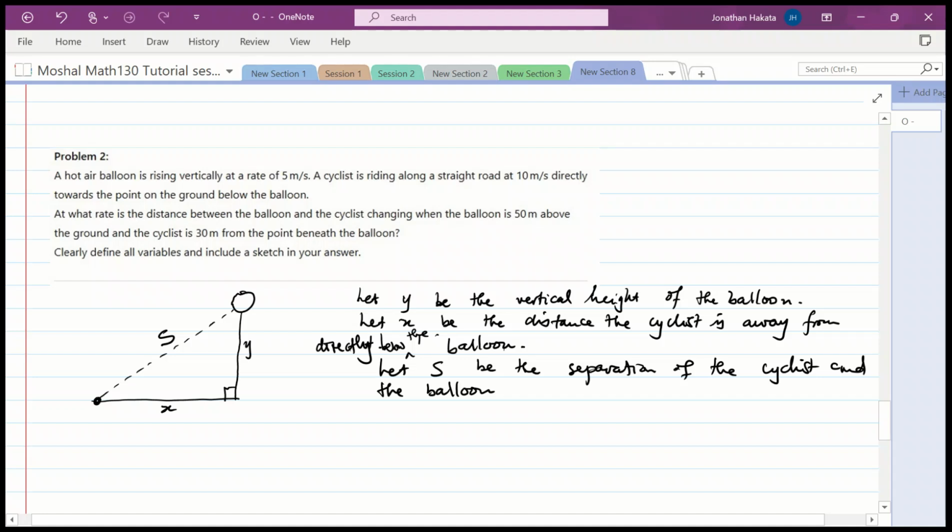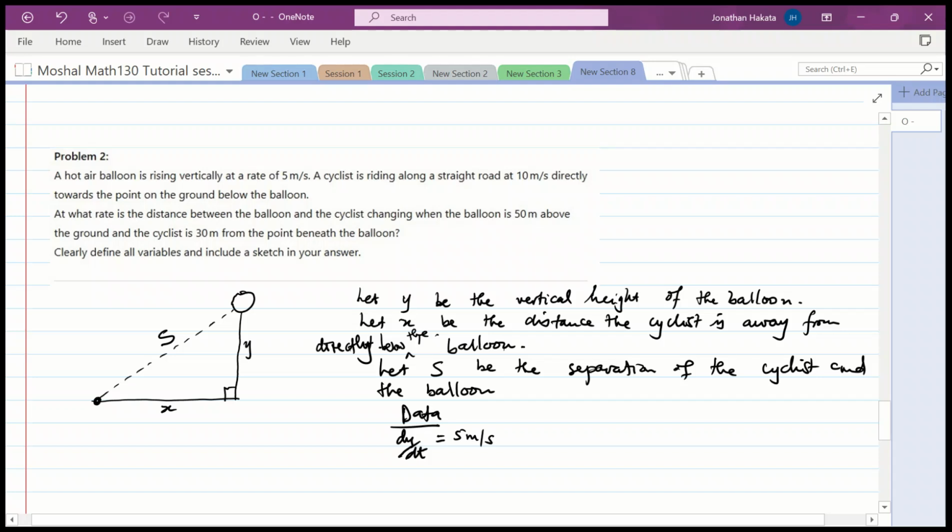Let's see the data that we are given. We are told that dy/dt, the rate at which this balloon is rising, is equal to 5 meters per second. It's positive because y is increasing with time.